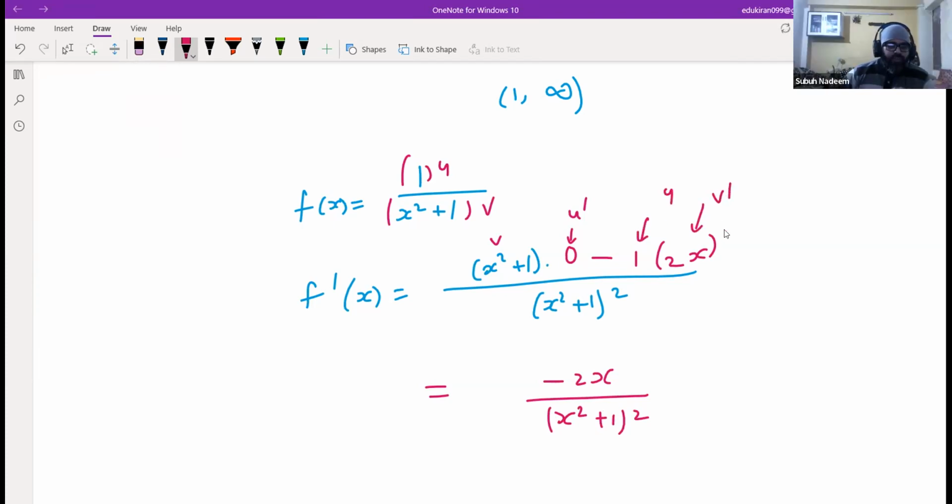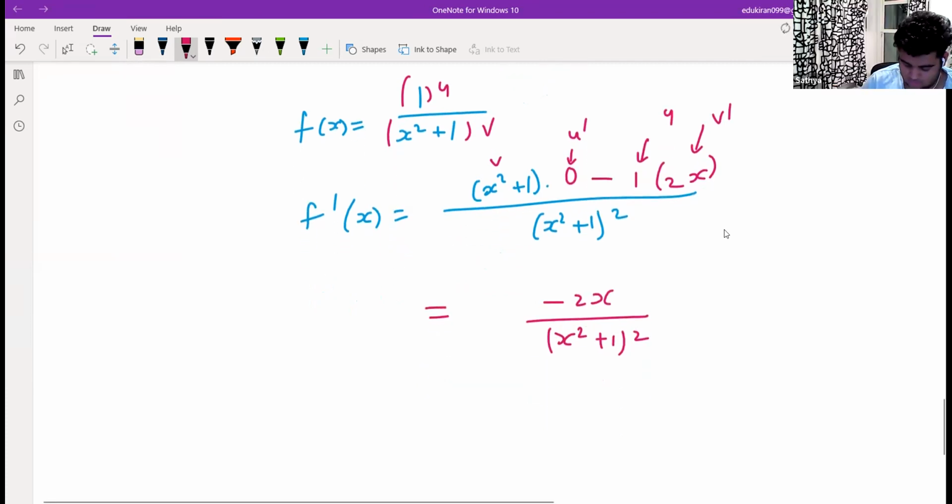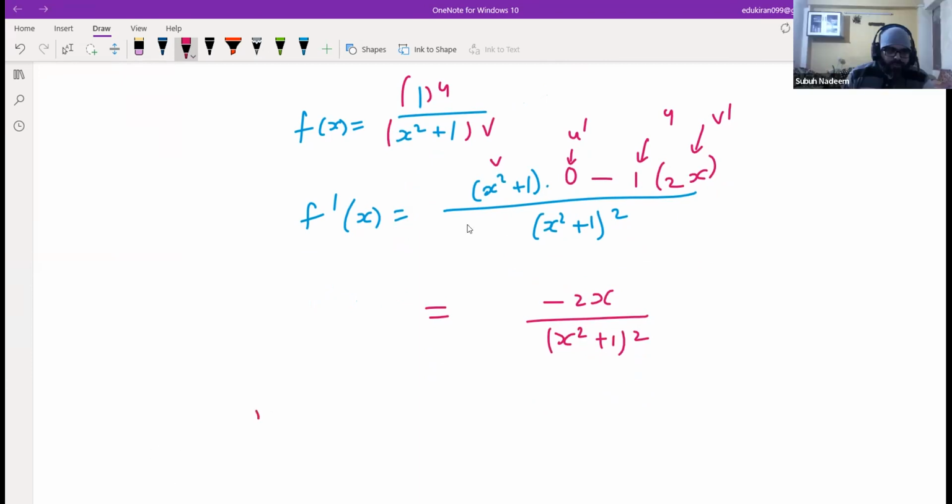Then you have to differentiate it once more. So don't we have to open the bracket? No, no. So f double dash x, right? Yes. Do we use the quotient rule again? Yes, the quotient rule will be used again. Okay.